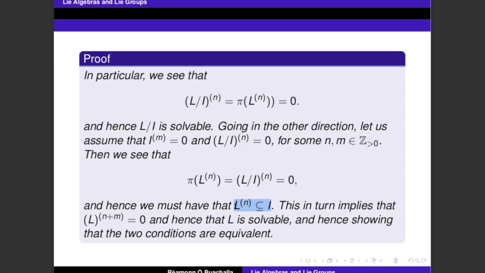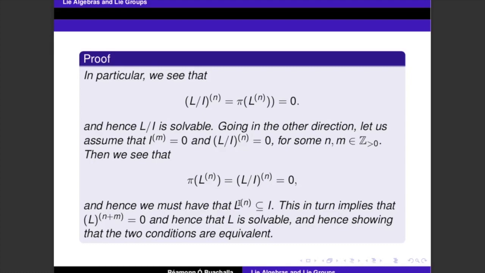This in turn implies that L to the n plus m is equal to 0. Why? Because, well, L to the n lives inside this ideal I. If we know that I to the m is equal to 0. So if we keep on applying the process, I mean, applying it to this space, it's going to be the same.